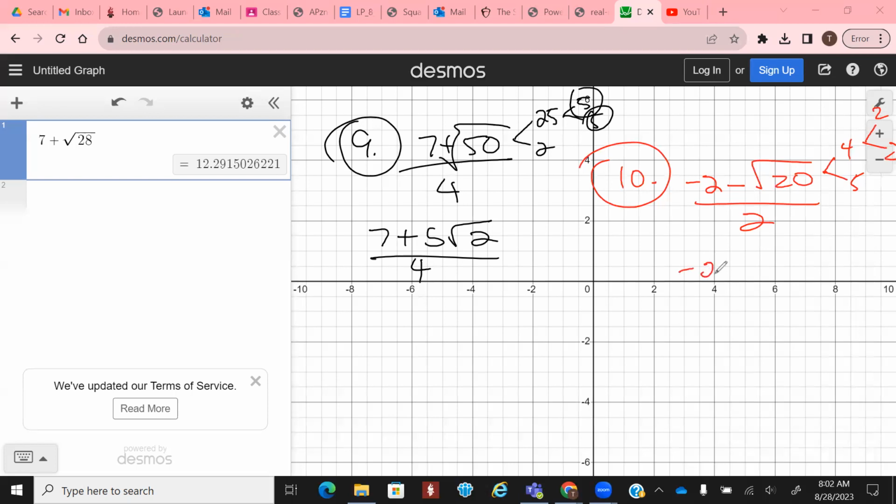So this will become -2 minus 2 square root of 5 divided by 2. Now, is everything on the outside divisible by the same number? Well, there's 2's all out there, so I can divide everything by 2. And so that's going to give me -1 minus the square root of 5. And we don't have to put the 1 on the bottom. We can just leave that off.